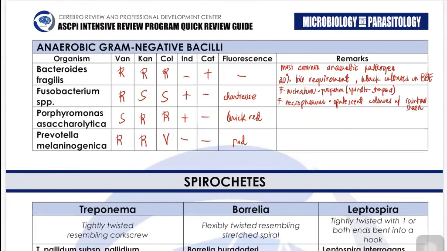The colonies of Fusobacterium nucleatum, take note, are breadcrumb-like.